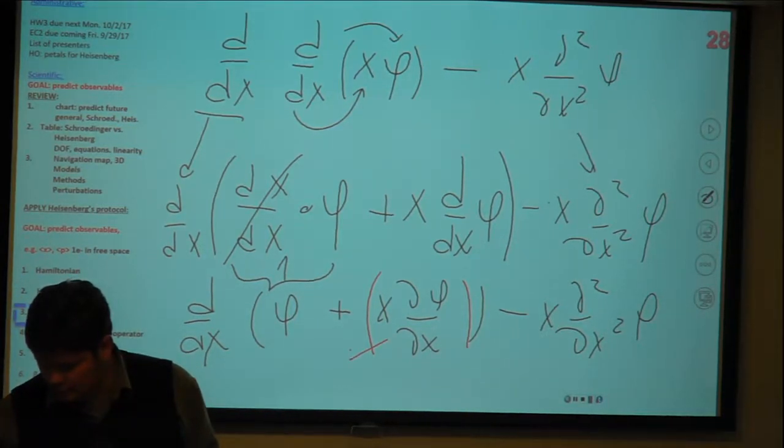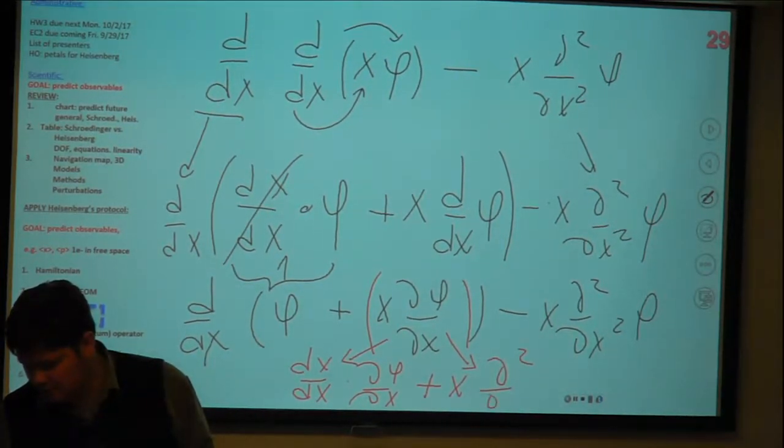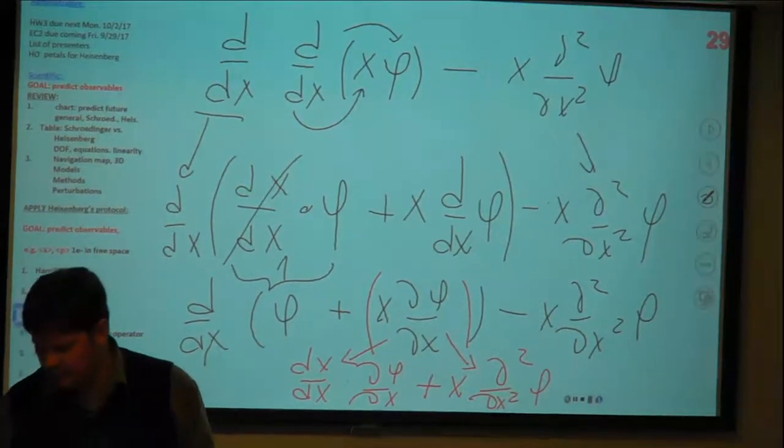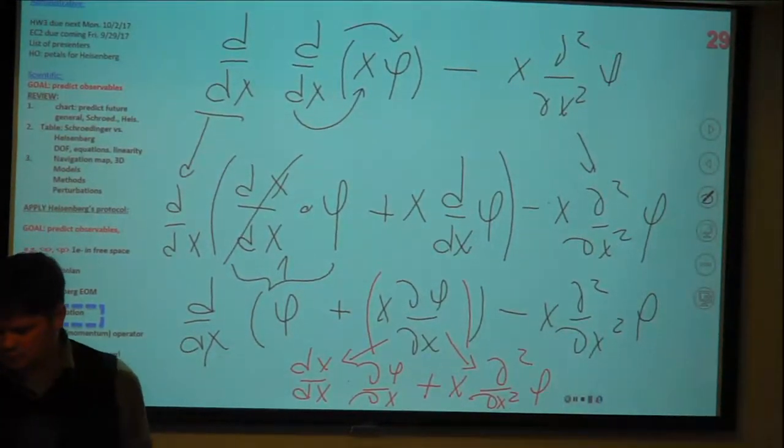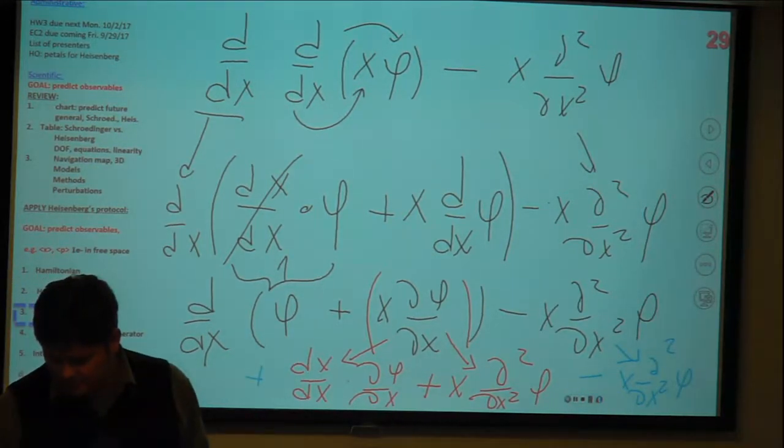So it will be d dx over dx times derivative of phi plus x times d2 dx squared times phi. And then we have the last term, which is minus x d2 dx squared phi, and we do have the first term d phi dx.